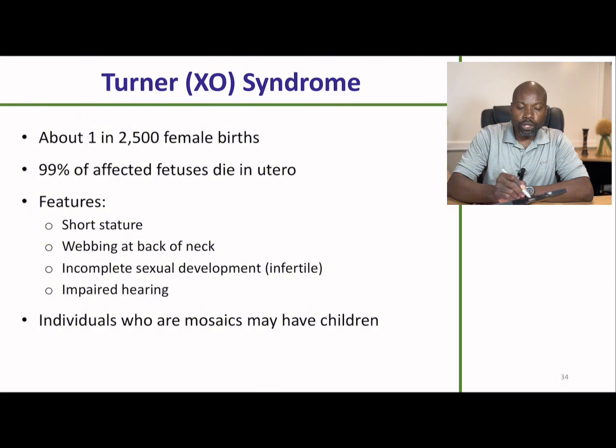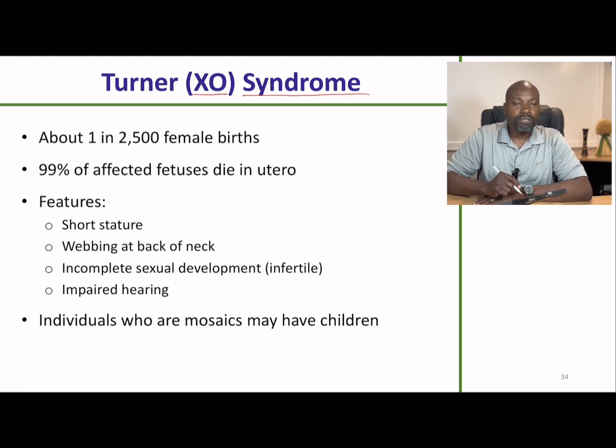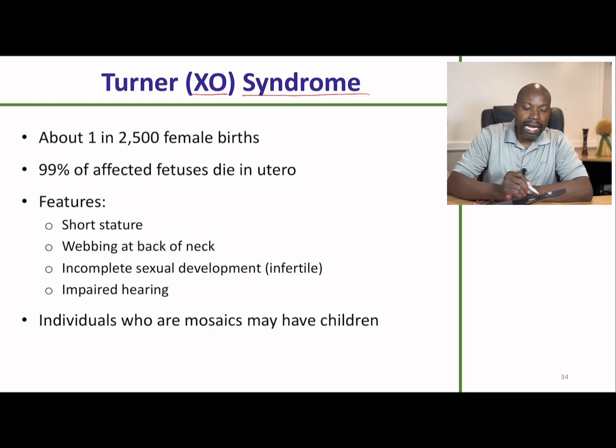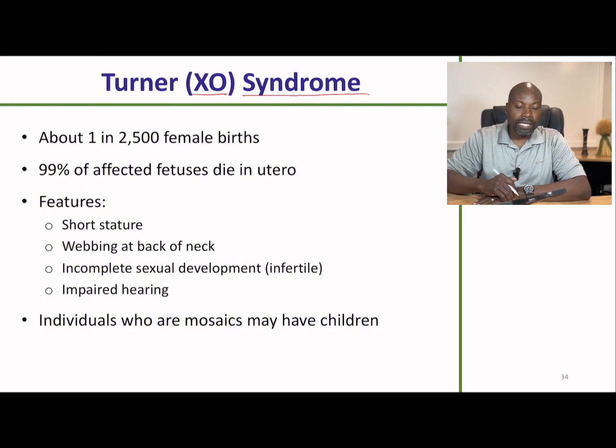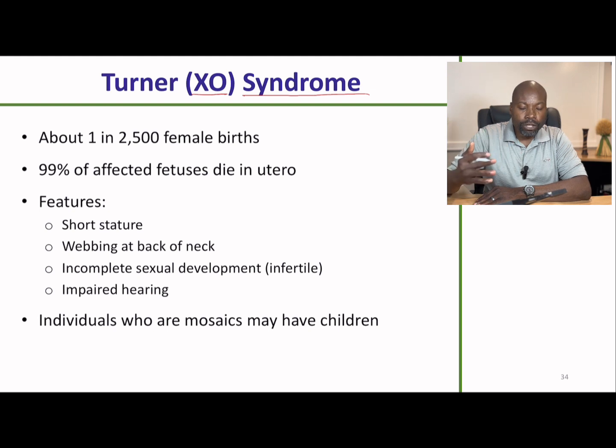Now, the individual with XO is an individual with Turner syndrome, right? This affects about one individual out of 2,500 females. Now, these individuals, most of the time, die, but the ones that survive are going to exhibit some features, including not a complete development of female features. For instance, their breasts are not going to be very much developed.